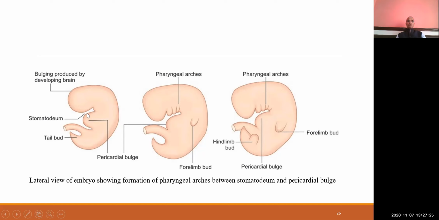The stomodeum is present between these two prominent bulges, and it is the opening of the foregut. The pharyngeal arches develop between the stomodeum and the pericardial bulge.